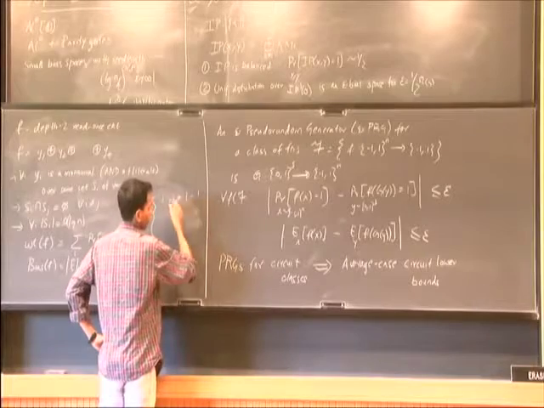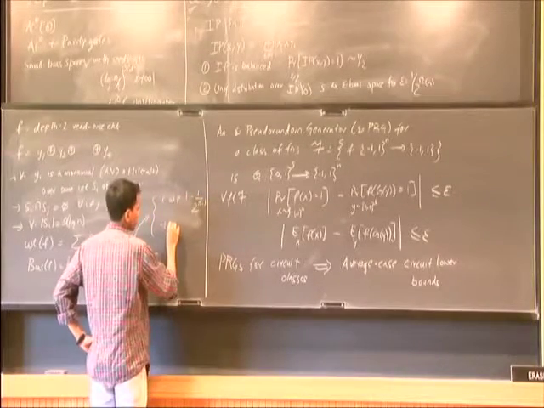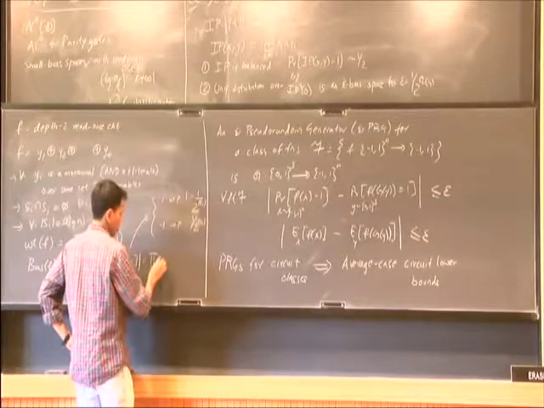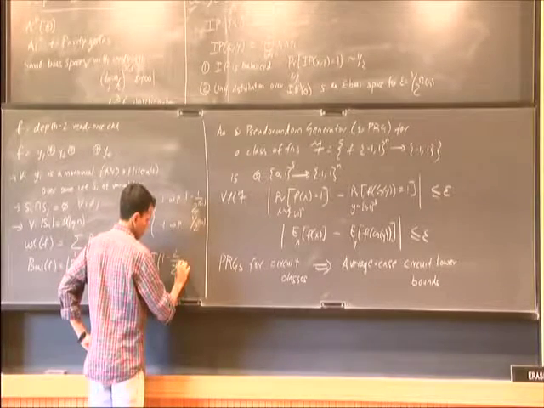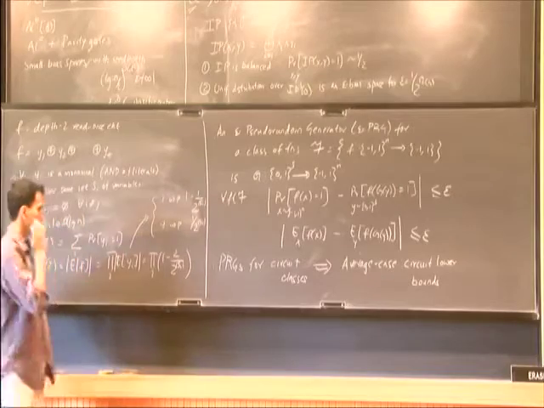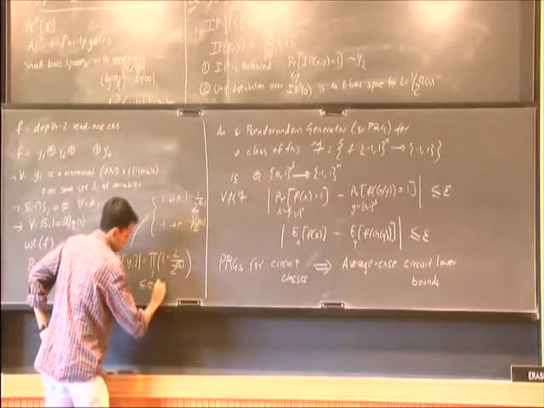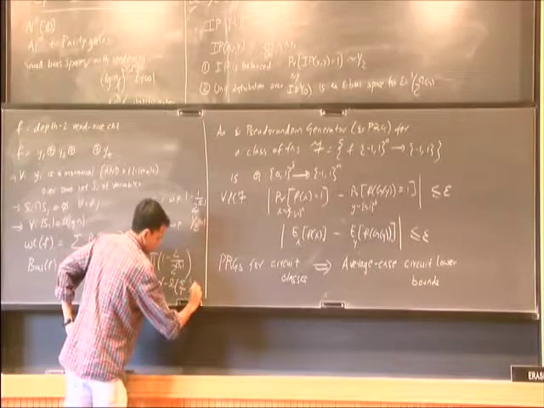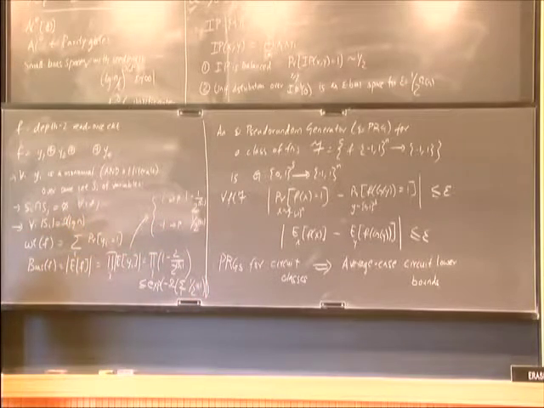So this is going to take value 1 with probability 1 minus 1 over 2 to the cardinality of Si, and -1 with probability 1 over 2 to the cardinality of Si. So this bias looks like a product, which is something that's exponentially small in the expected number of monomials that are satisfied.